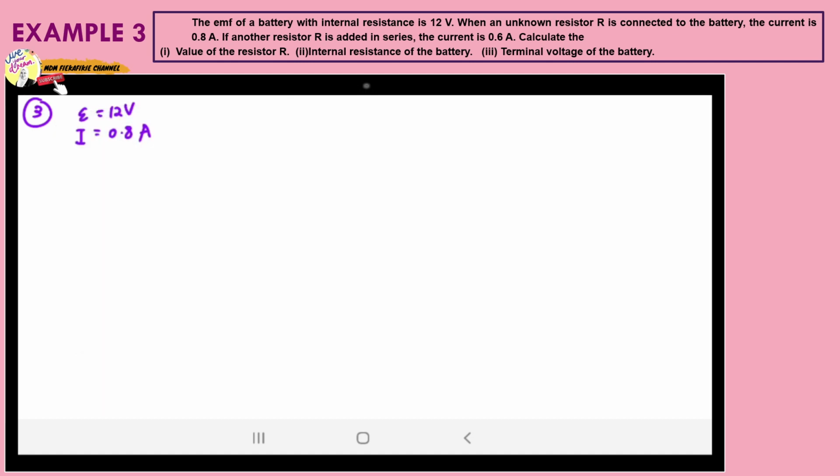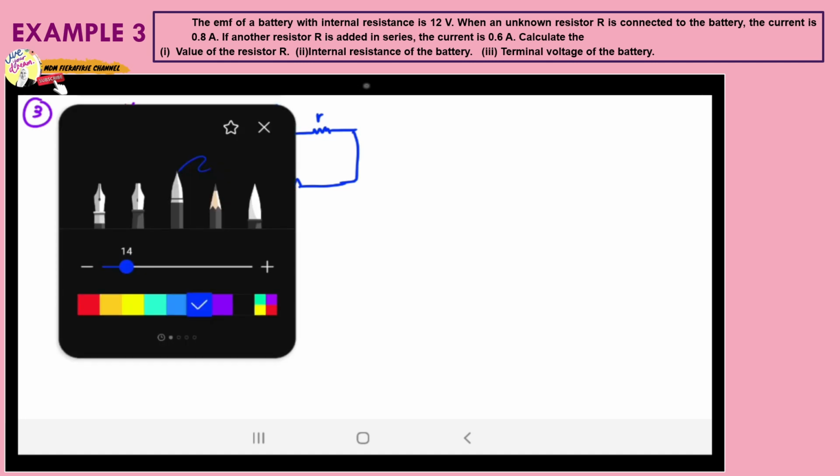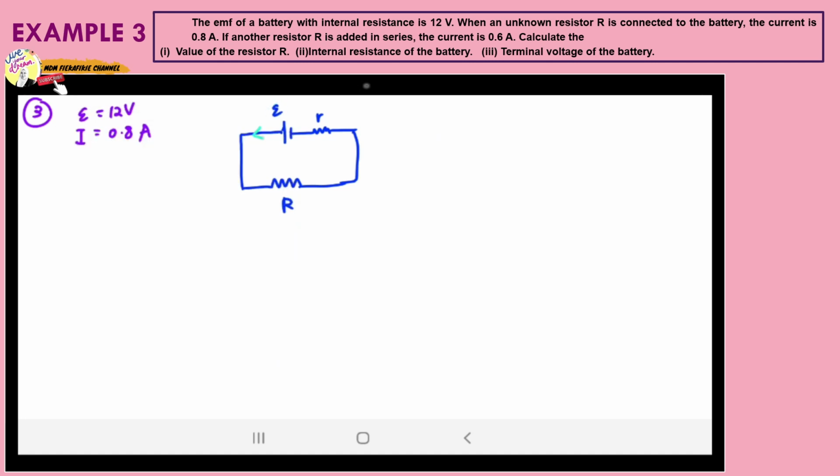When we have a circuit, the battery with the internal resistance r is connected with the resistor capital R, and this is the EMF. Given that the current flow through the circuit is 0.8 ampere. Now if another resistor R is added in series, the current becomes 0.6 ampere.